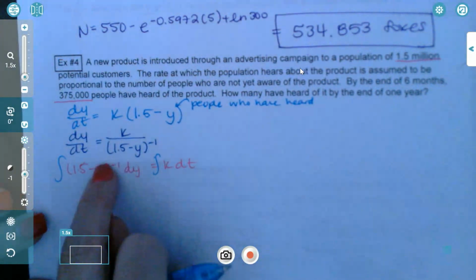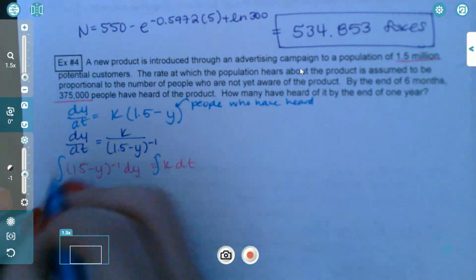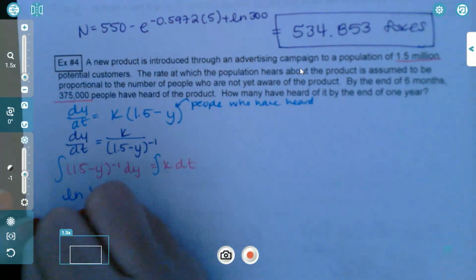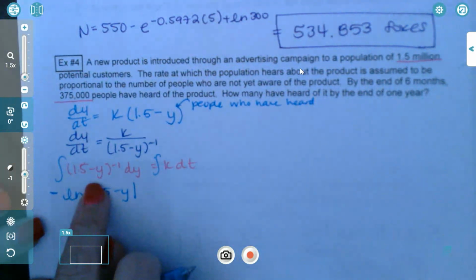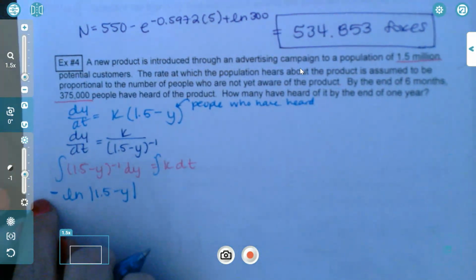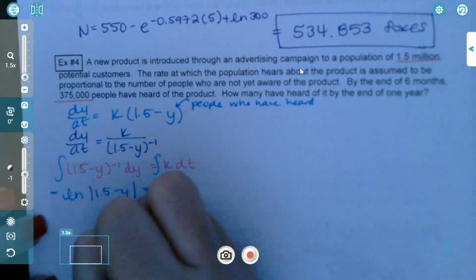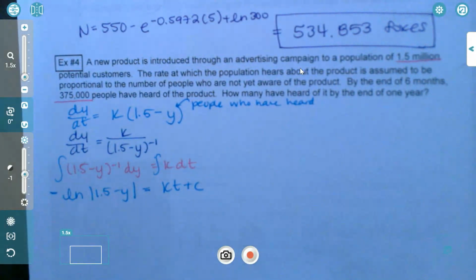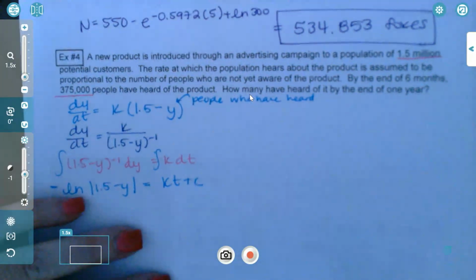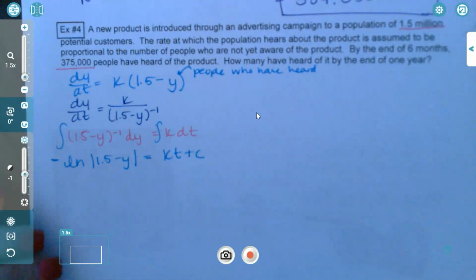When we do that, this is going to become a 0, so we've got to do the ln there. And we've got that negative because the derivative would have been a -1 in the numerator. From here, everything's going to follow the same exact way. We're really just following the steps of example number 3.